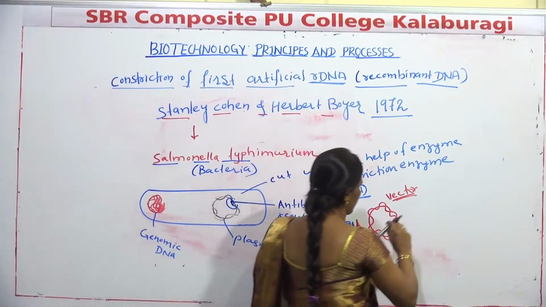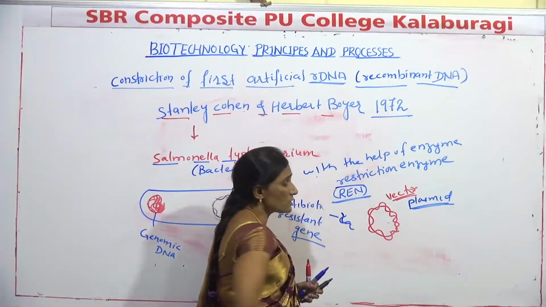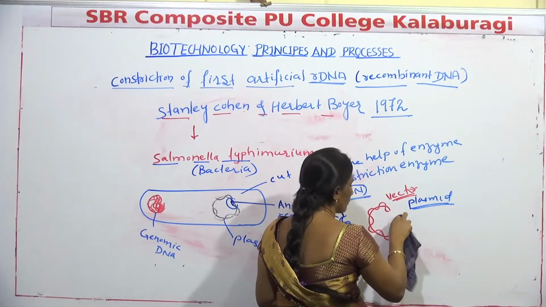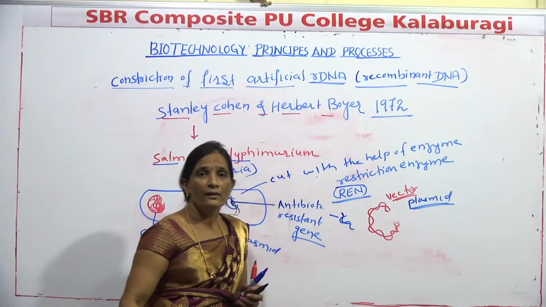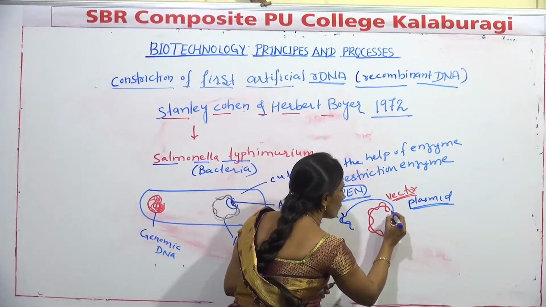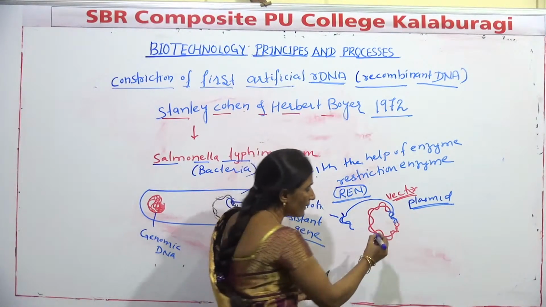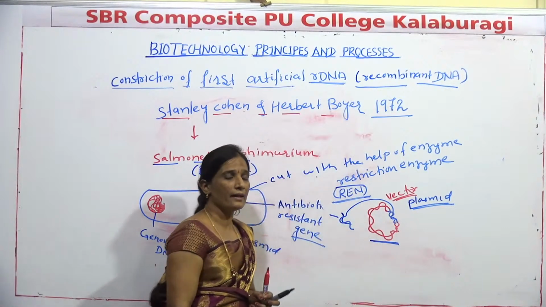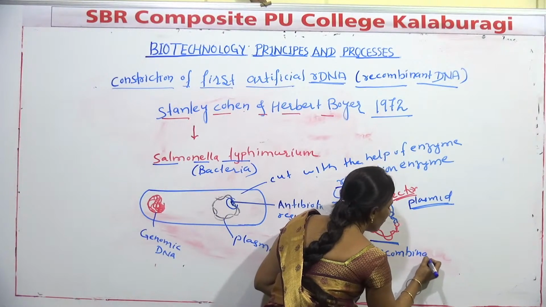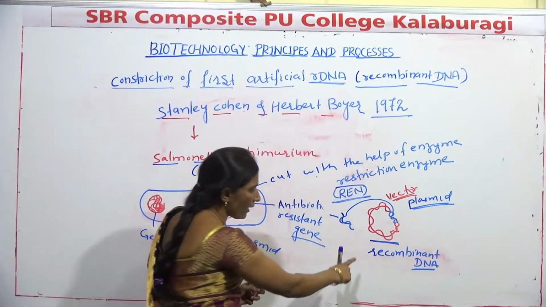This vector is nothing but the plasmid. The same enzyme, restriction endonuclease, is used to cut that region here also, and in this cut region this DNA is going to be inserted. And this DNA is called recombinant DNA.